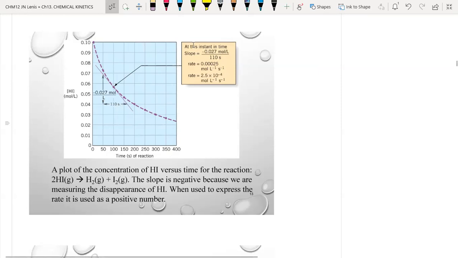So if we divide the change of concentration over the period of time, we get the rate to be 0.00025 moles per liter per second, or moles liters^-1 seconds^-1. We need to express this in scientific notation, so the rate will be 2.5 times 10 to the -4 moles liters^-1 seconds^-1.